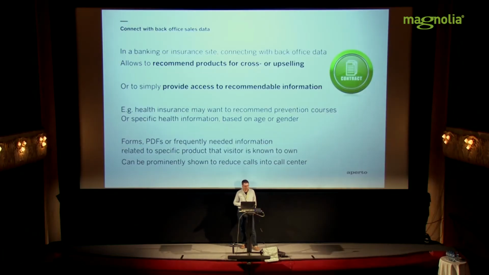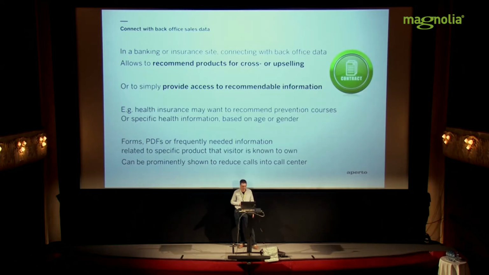And if you run a business that has something like a service center, a call center, and you connect Magnolia with the sales data, then you may know what product he owns, and there may be some problem or something the user should know about the product, because otherwise they will sooner or later call in the call center.